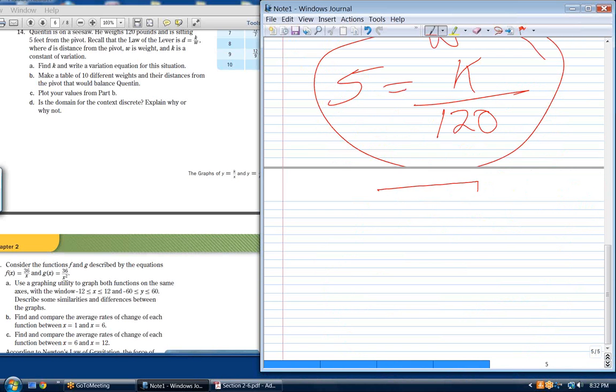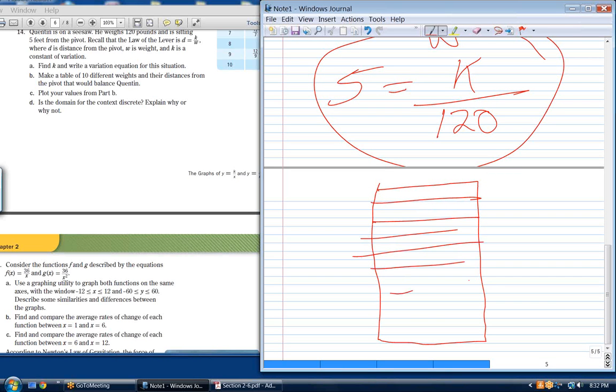If I make a table of 10 different values, and I have a distance and a weight. Well, we realized that 2.5 feet had to be twice as much. 6 feet was 100. 5 feet was 120. 3 feet was 200.